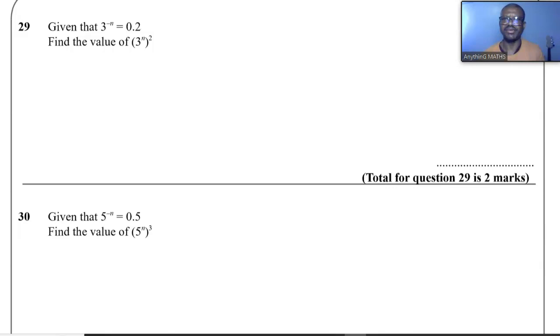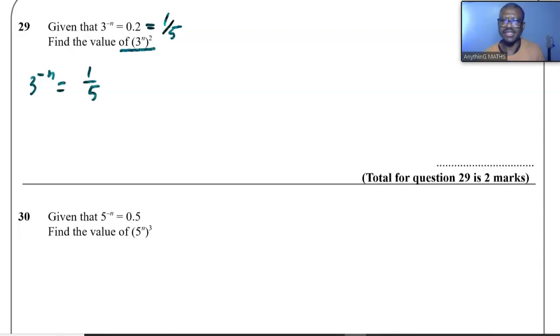Given that 3 raised to the power negative n is equal to 0.2, you are now supposed to evaluate 3 raised to the power n, all squared. So first of all, I'll convert this 0.2 to a fraction. That will give me 1 over 5. And as a result, I can confidently write 3 raised to the power negative n is the same as 1 over 5.